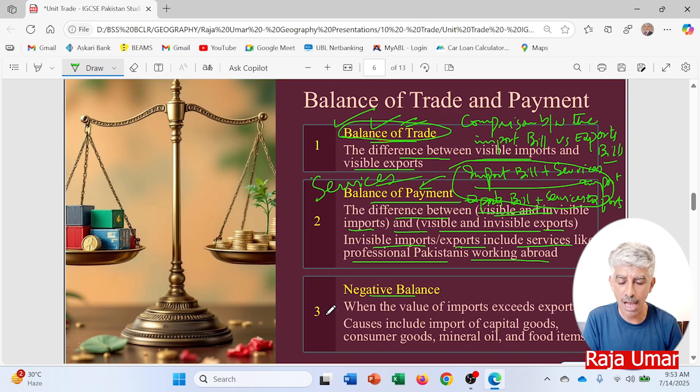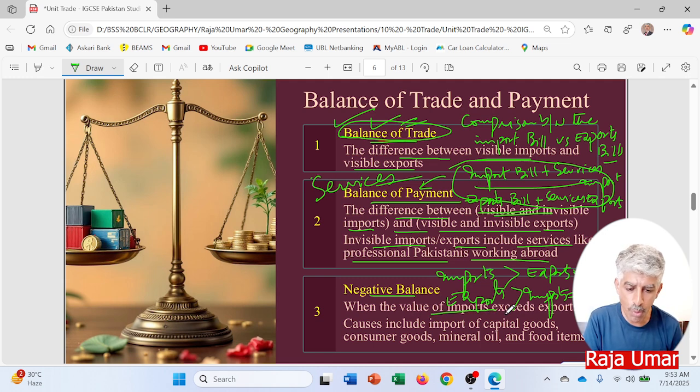So negative balance, as I have explained in the beginning, that if the imports are greater than exports, the balance is negative, right? And if the exports are greater than imports, then the balance is positive.